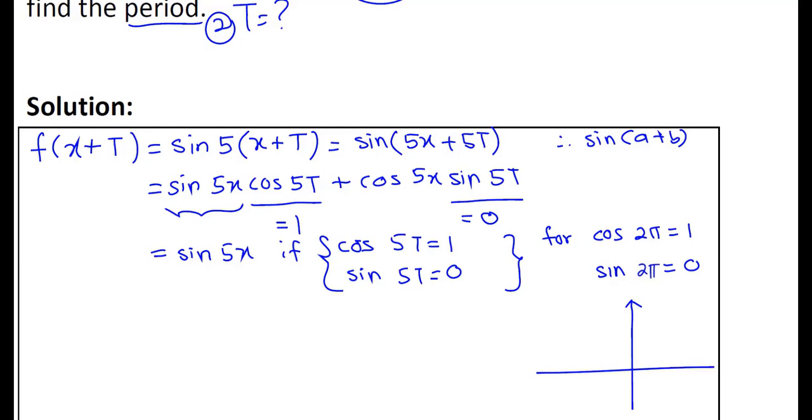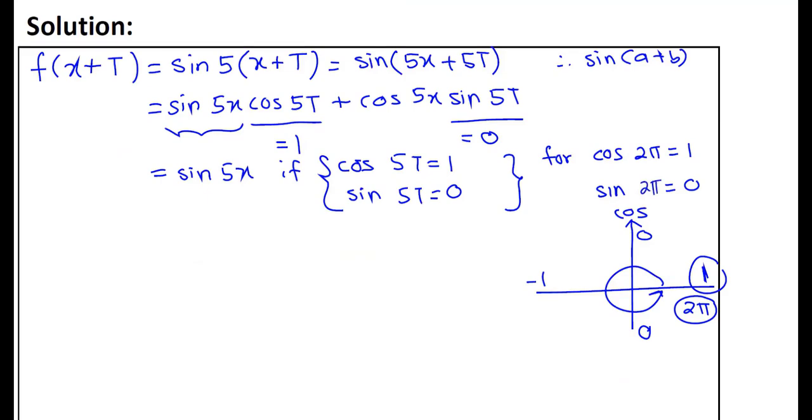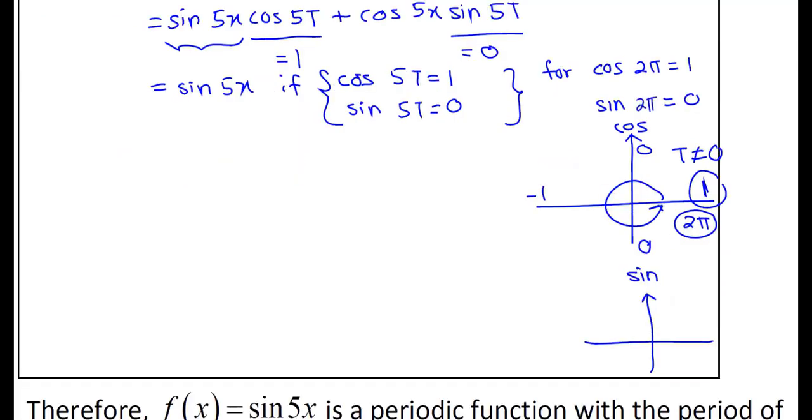You refer to the cos graph: the values are 1, 0, negative 1, and 0. To get 1, the angle is 2 pi, and you know that T cannot be 0. For sine, the values are 0, 1, 0, negative 1, so to get 0 we take the same value, 2 pi.